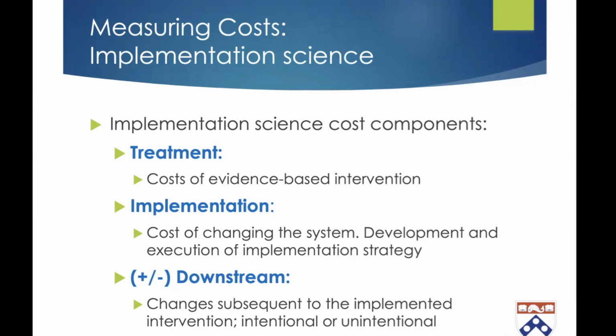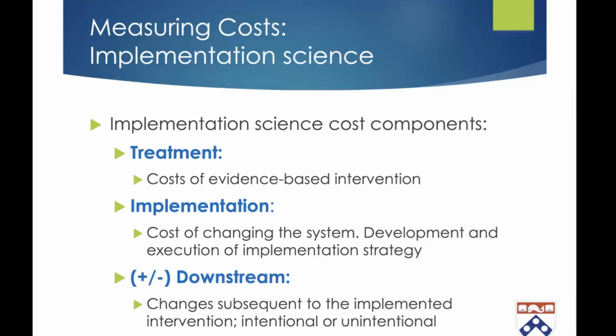But yeah, to answer your question, you need your implementation cost. You can publish that separately, absolutely. But if you're doing a trial, you need to have the implementation cost plus your intervention and the cost for that, and then your effectiveness, and then your outcome. And the implementation costs are part of your intervention.